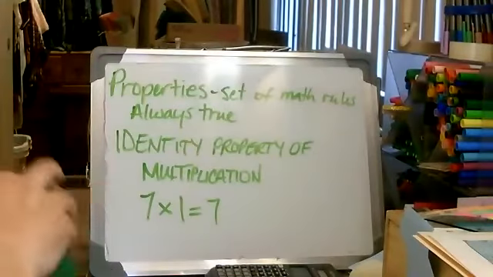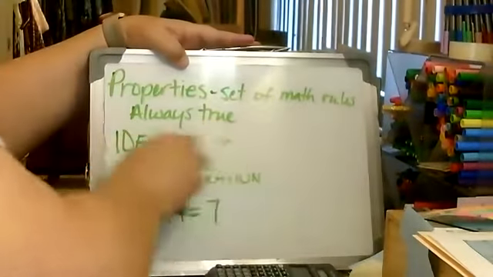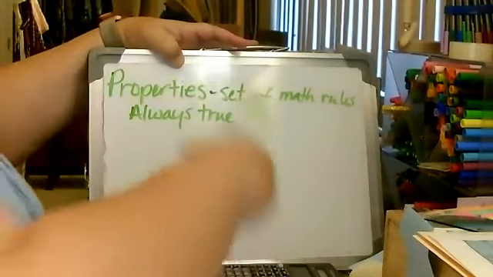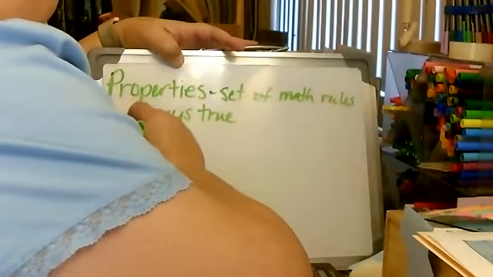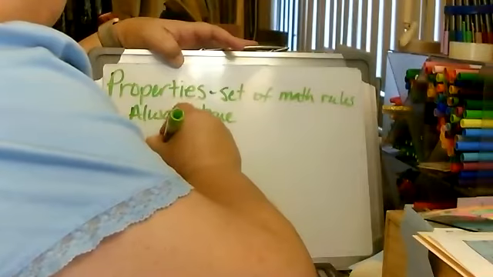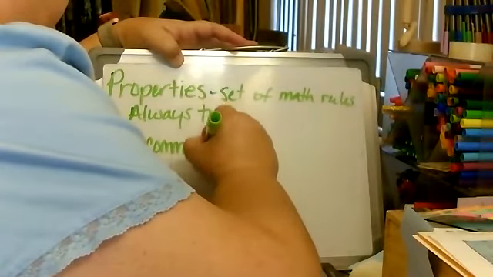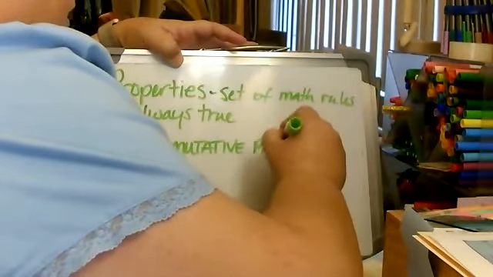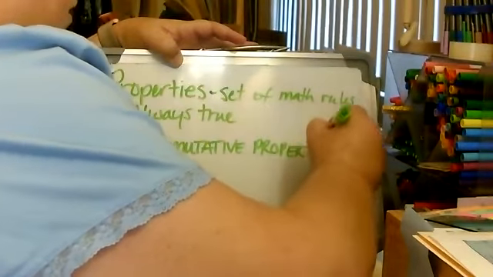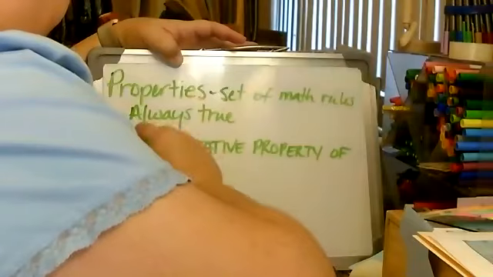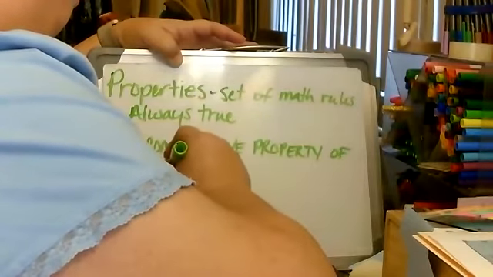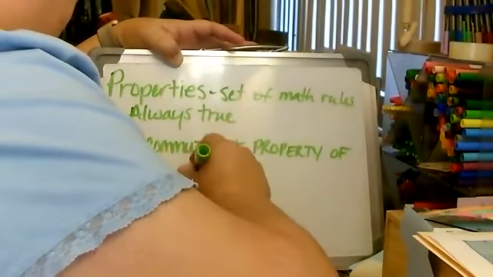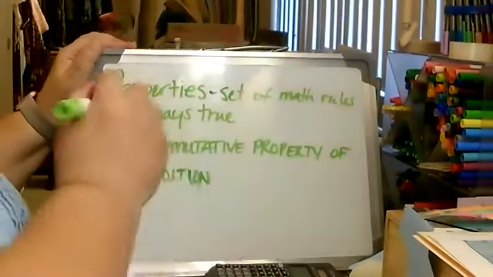Now, we're going to look at the commutative property of addition, which looks like this.